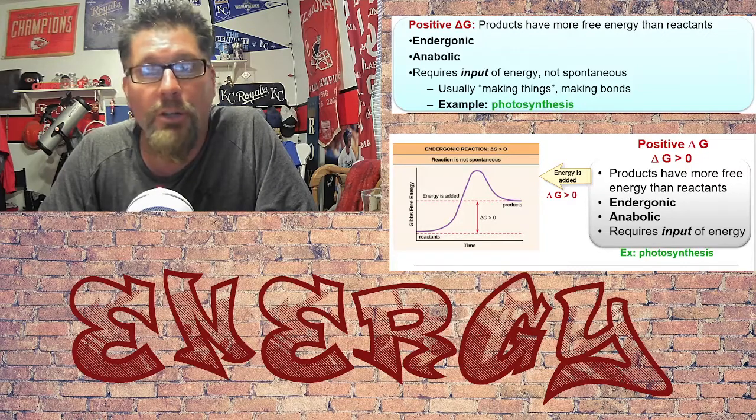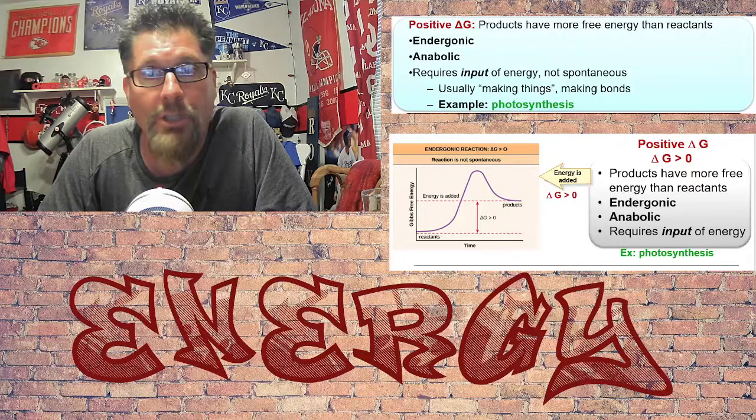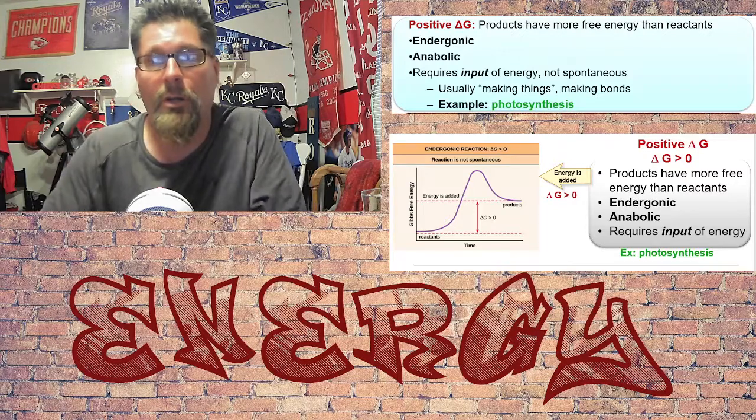Again, if you look at the graph, you can see on the far left, the energy level is, not surprisingly, hopefully, at the same level that the exergonic reaction ended, because there's almost no energy in the situation.